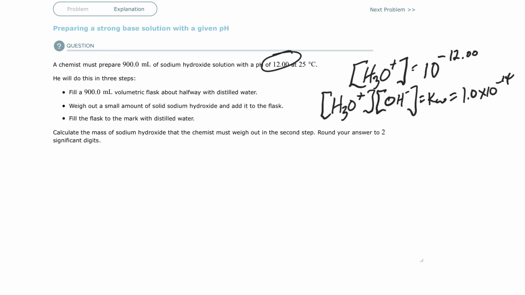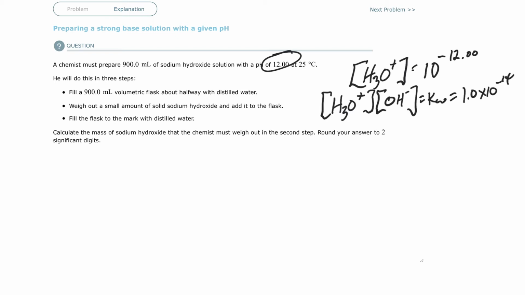Now, if you know that the first one is 10 to the negative 12, let's find out what 10 to the negative 12 is. I'm going to put 12.00, make it negative, and then push the inverse log, which is the 10 to the x button.